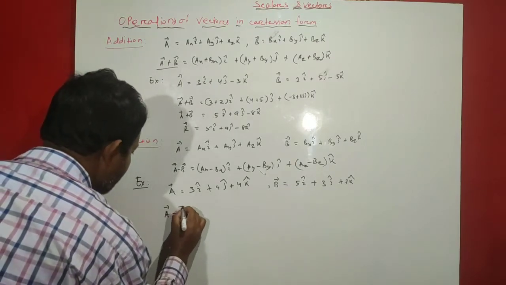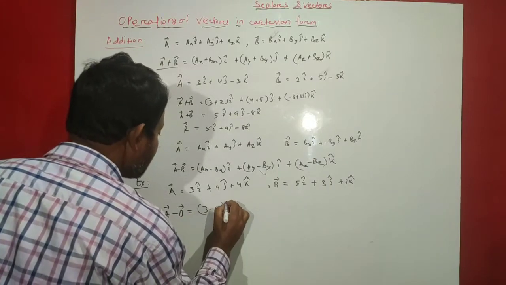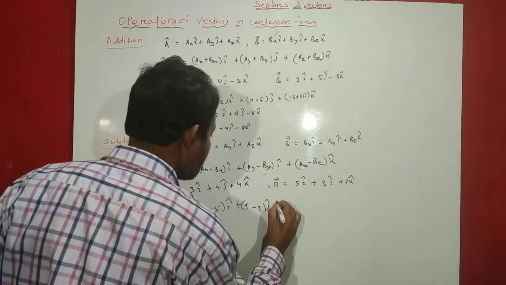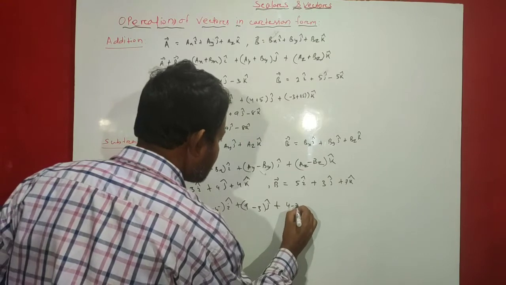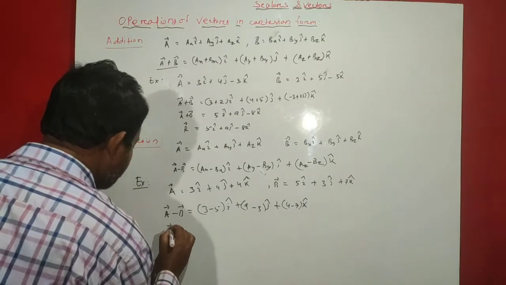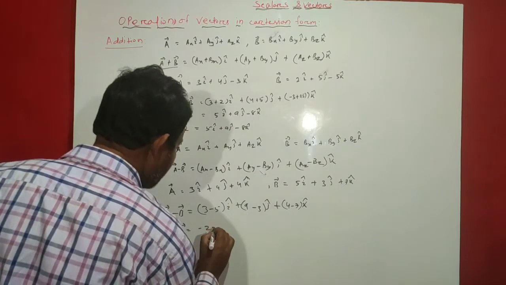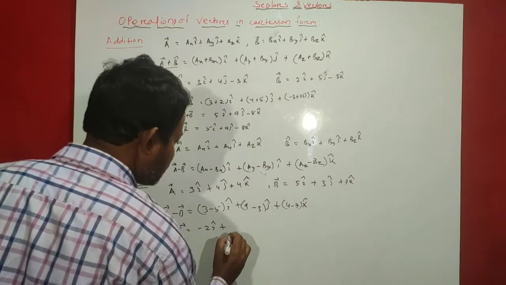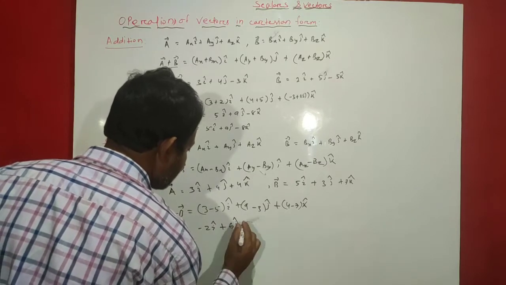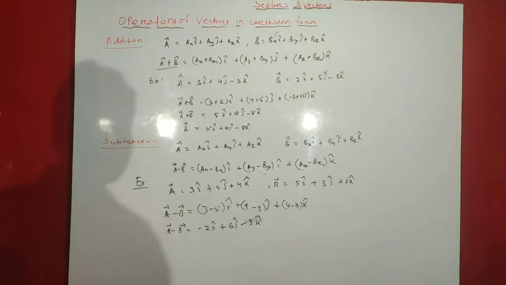Then a difference b or a minus b will be 3 minus 5 i cap, 9 minus 3 j cap plus 4 minus 7 k cap. So a minus b is equal to minus 2 i cap plus 6 j cap plus minus 3 k cap. This is also another vector.